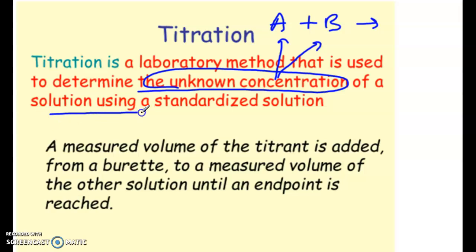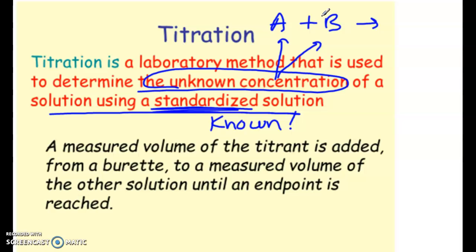But the other solution that we use has to be a standard solution, meaning we have to know the concentration. So one is known and one is unknown. If it's the acid that we don't know, the base we have to know. The reason is that through calculations, after we do our experiment, we can calculate what the concentration is of the one that we're missing.